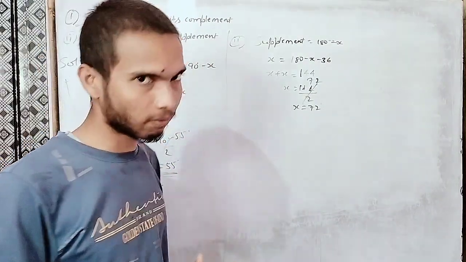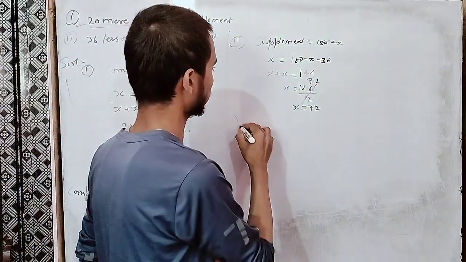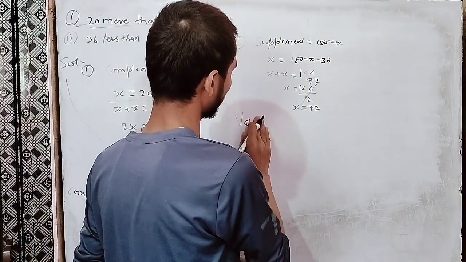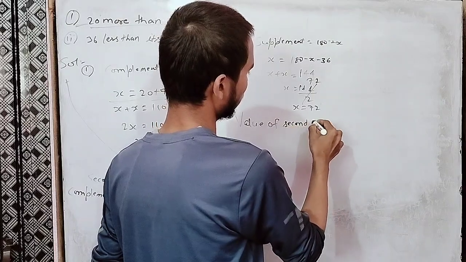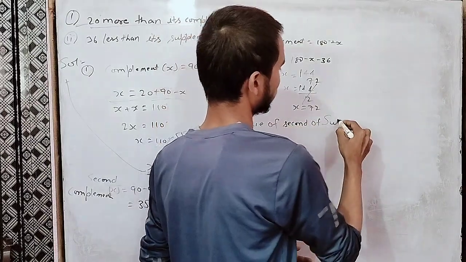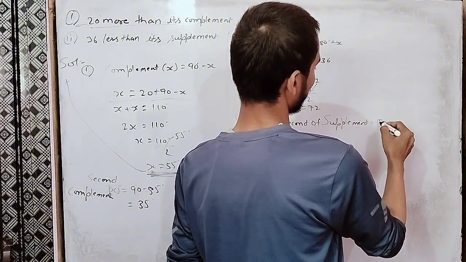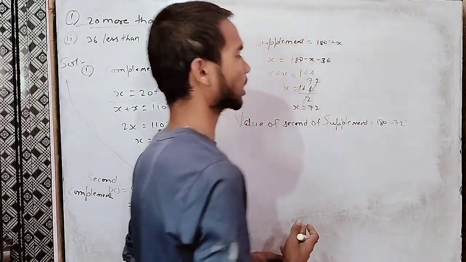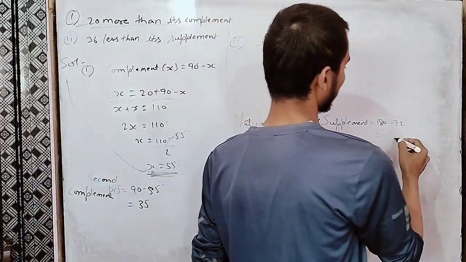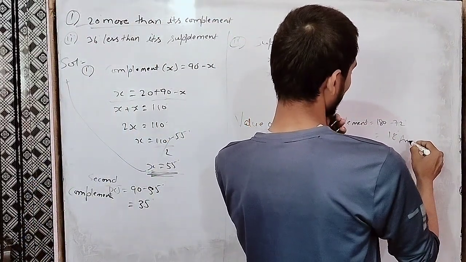The value of this statement is 72. We can find out the value of the second angle, the supplement. We subtract 72 from 180. Then we have 108.